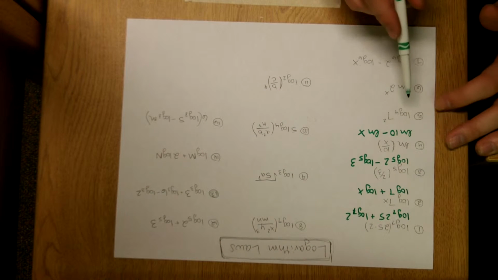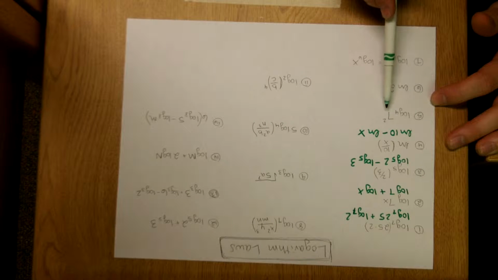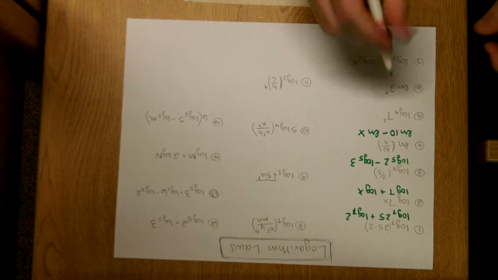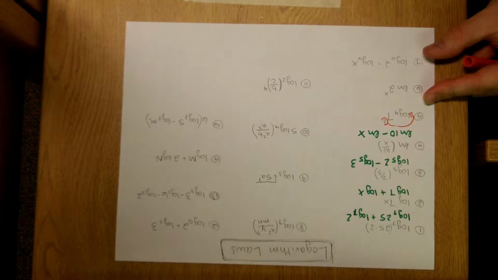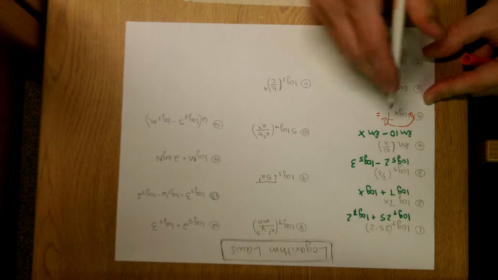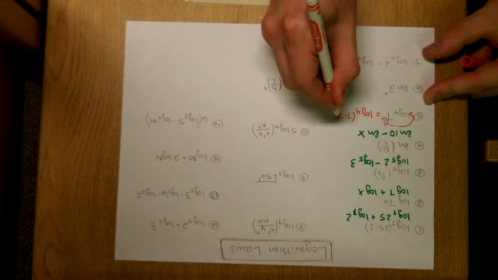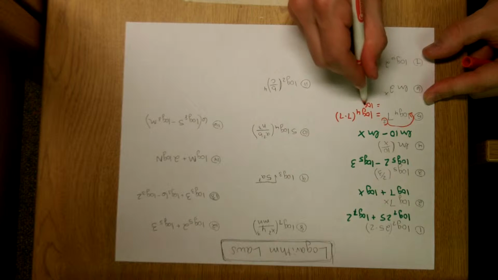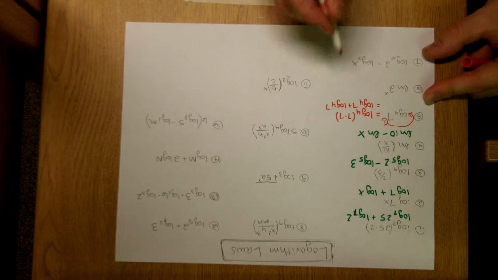All right. The next rule, or next law, is that when you have something to a power, that power can actually be dropped into the front of your equation. So it actually can just go right in front right there. Now the reason why is because this is actually saying log base 4 of 7 times 7, which is the log base 4 of 7 plus the log base 4 of 7.